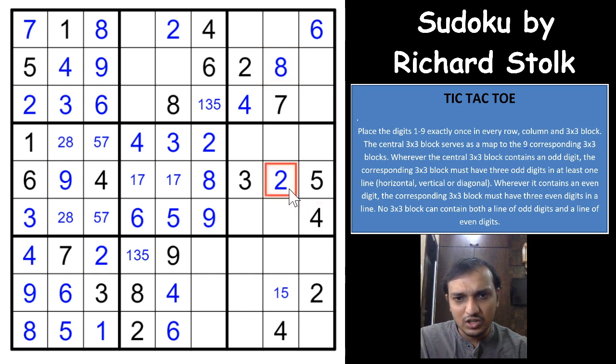Okay, so this even digit will have to form either this way or this way, and both of these cannot have 6 here. This 6 and this 6 cannot have 6 in any of these 2 cells, so you will have to form this way only. So this would have to be 6 or 8. That's excellent.